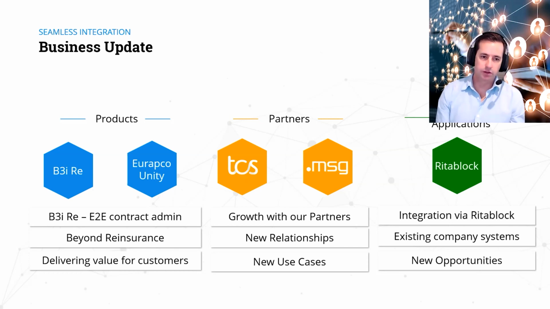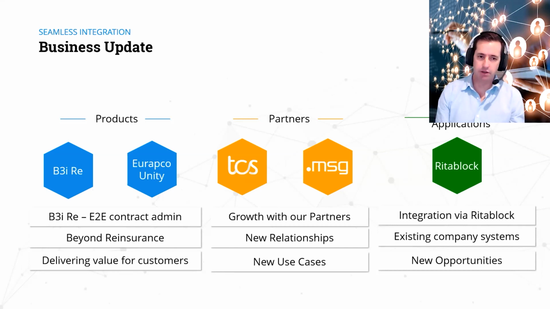And then moving on to partners, there's an old African proverb: if you want to go fast, go alone. If you want to go far, go together. And in TCS and MSG, we have great partners. These are not just suppliers of resources to B3i. TCS has a desire to co-anchor our ecosystem, and this has led to a deep collaboration with many shared objectives of co-creating value for our customers.